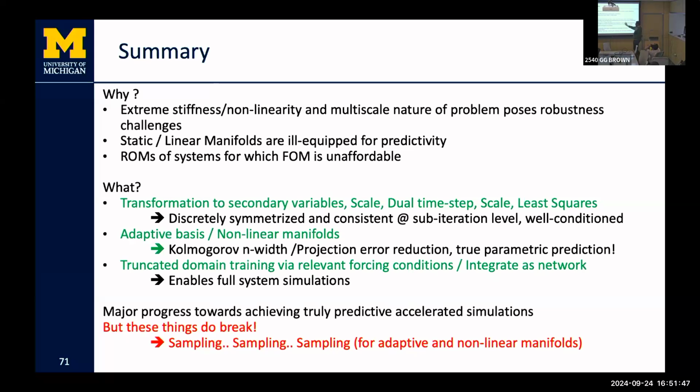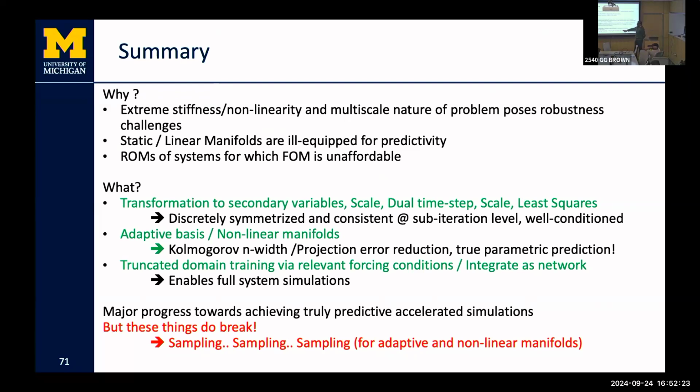The second part was, anytime you have transported, convecting features, you don't even have to go to chaos, a static basis is not going to be good enough, no matter how fancy it sounds. So we went to the adaptive basis idea, and then stitching together reduced order models gives you the full network. And I would call this major. This took about 8 years and about 15 of us to get to this point.